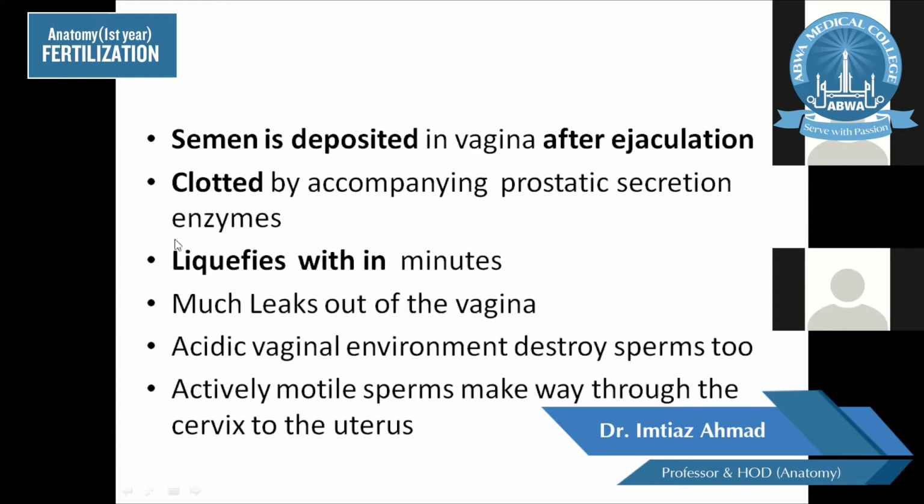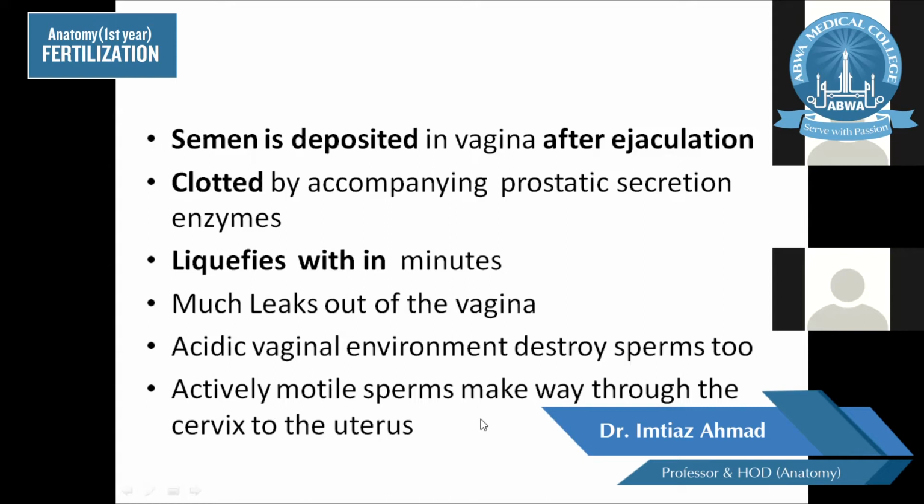But within minutes, this liquefies. And much of it leaks out of the vagina outside, in the perineum. Acidic vaginal environment destroys sperm. The vaginal epithelium causes secretions, and those secretions, if they are acidic, will destroy the sperms.